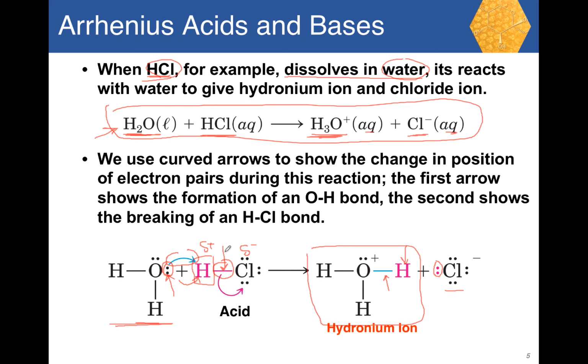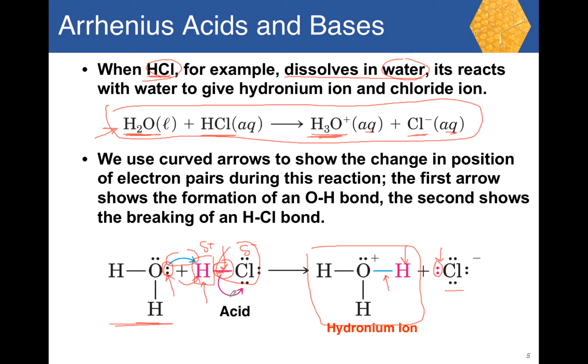So if this bond is broken, the Cl will take these electrons over here, leaving behind H without its electrons, and H without its electrons is a proton, as we have defined.